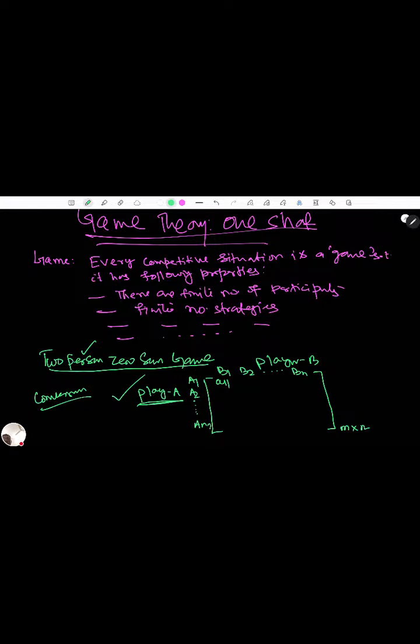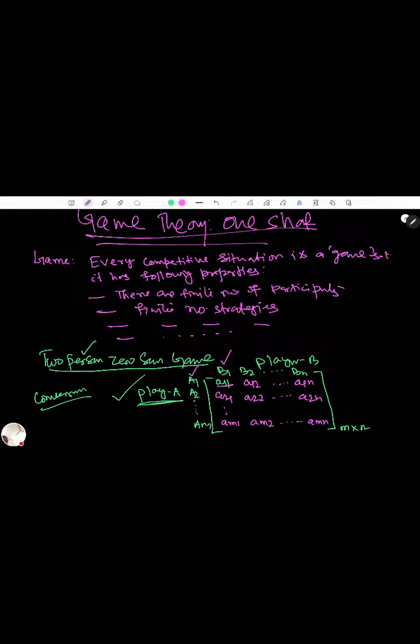So when A selects strategy 1 and B selects strategy B1, the payoff, the gain to player A, is A11. Similarly, for A1 and B2 it is A12, likewise A1n. Then A21, A22, and so on, A2n. And accordingly Am1, Am2, and so on, Amn. So this is the payoff.